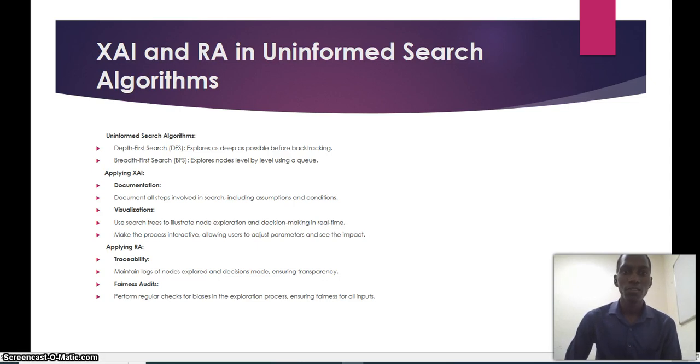Then, through visualization, creating tools that show how the search is progressing in real time, allowing users to see each decision point. For responsible AI, for accountability, implement logging mechanisms so that we can trace how and why a particular path was chosen.